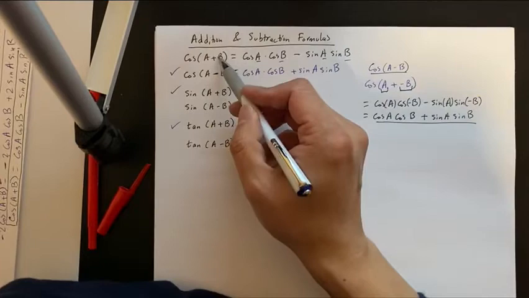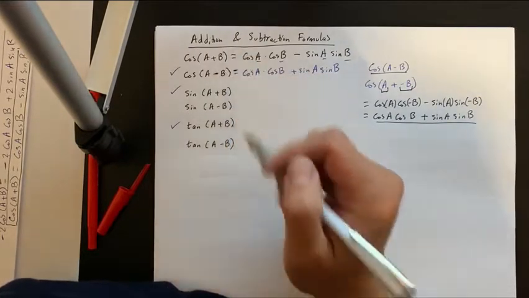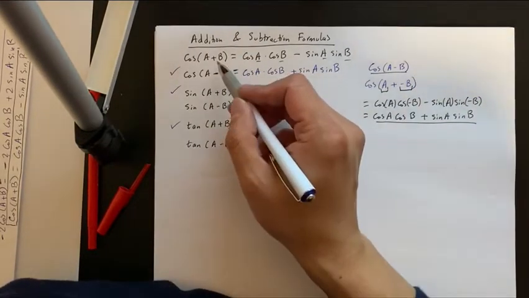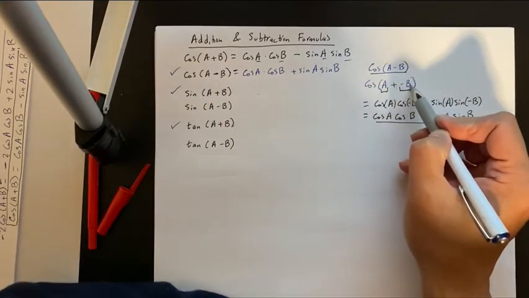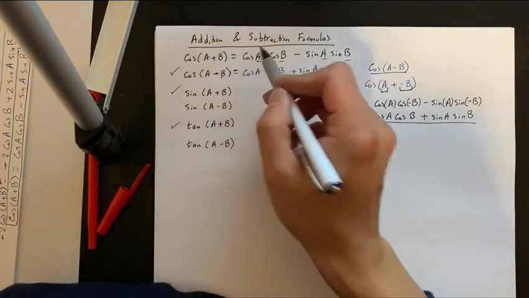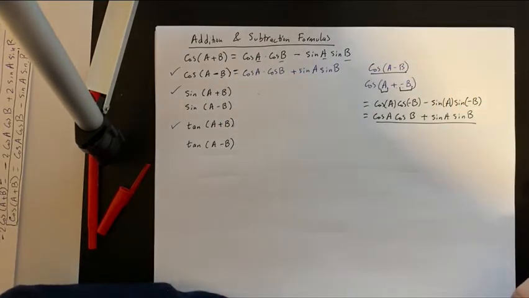You just use the very first guy, play around with that sign. So A minus B is the same thing as A plus negative B, and you get to just apply that very first equation. Okay, so that was simple enough, right?